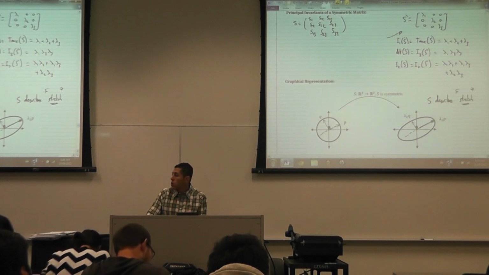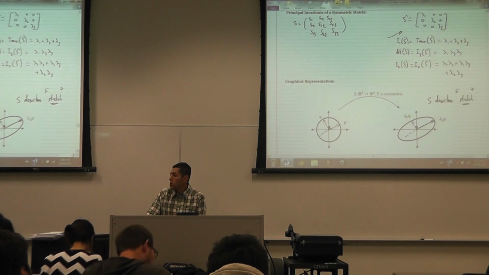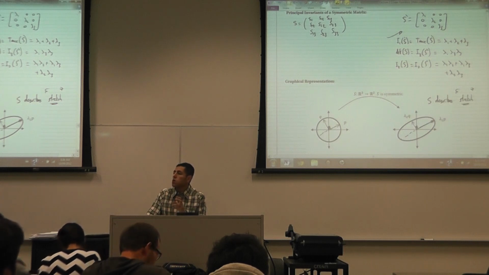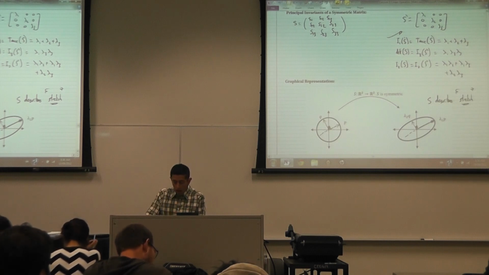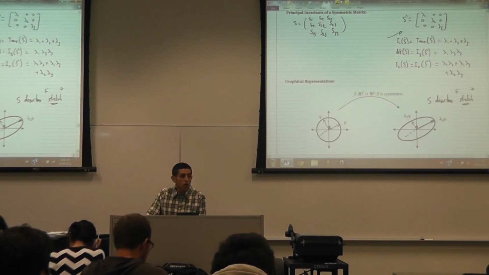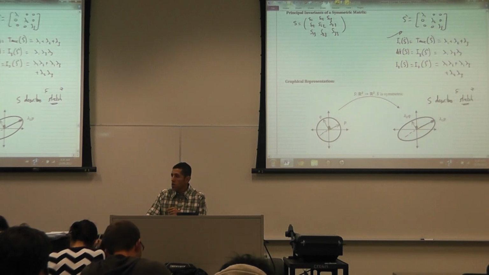When we use the strain matrix, we call them the principal strains. And the three directions, in the stress we call them the principal stress directions, and in the strain we call them the principal strain directions.